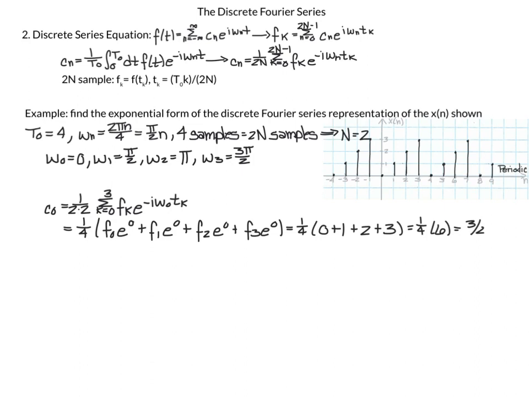And now I'm ready to calculate c sub 0. There's only 4 coefficients, so we're going to do them. So c naught is equal to, according to my formula up here, 1 over 2N, N is equal to 2, so 1 over 2 times 2, summation from k equals 0 to 2N minus 1, so that's 3, f of k e to the minus i omega 0 t sub k, because n is equal to 0.